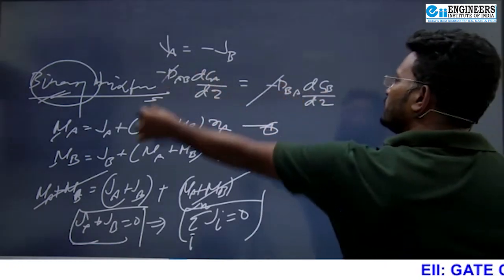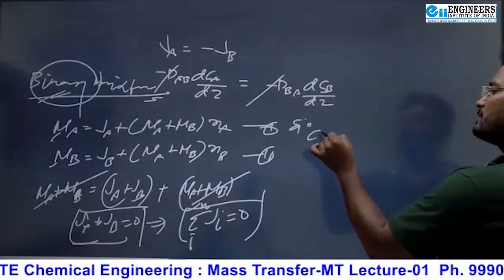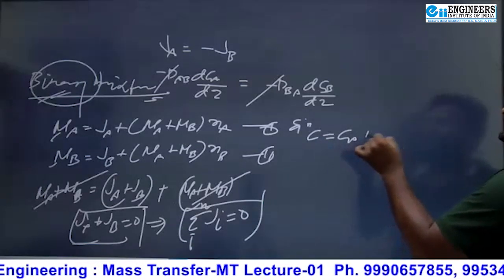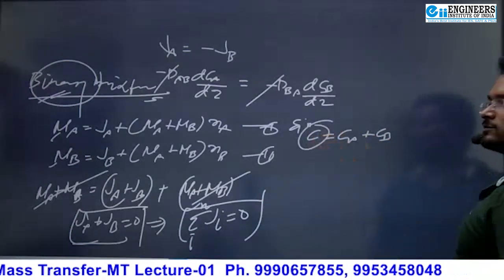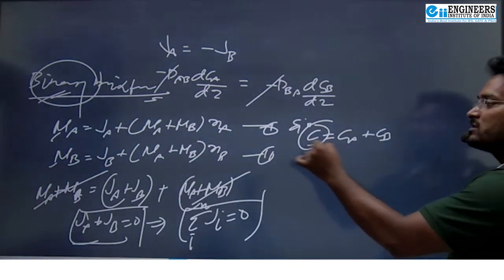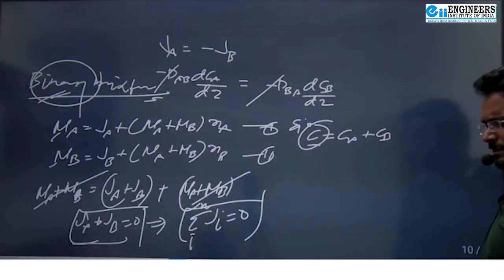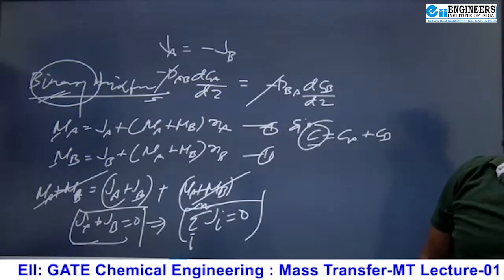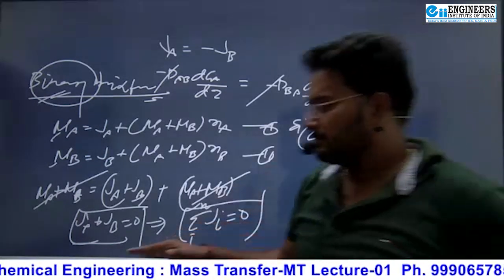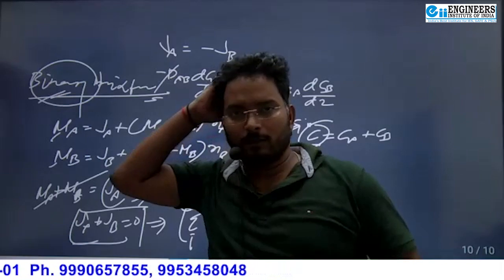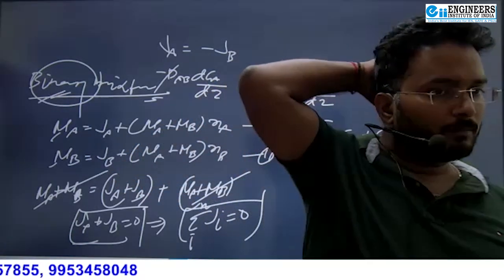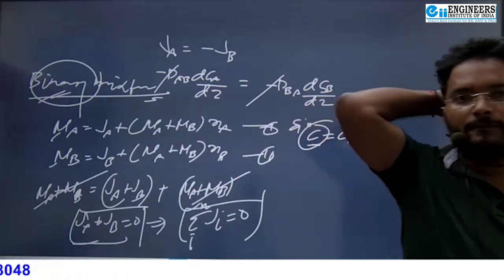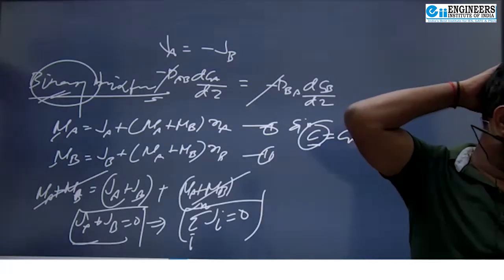It cancels out since the total Ca plus Cb, the total molar concentration, is constant. Yes, molar concentration is constant, not mass concentration. Molar concentration and mass concentration are both constant only when the molecular weight of every species is equal, otherwise not.